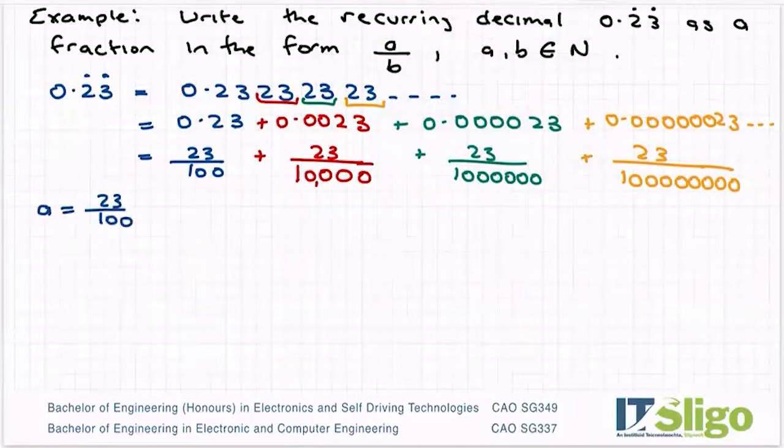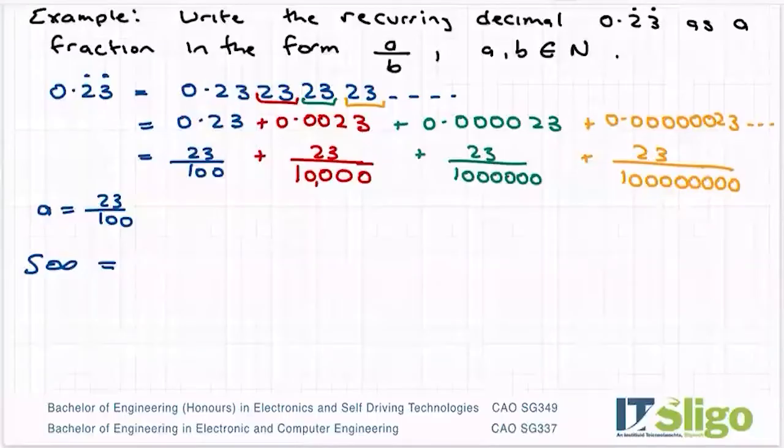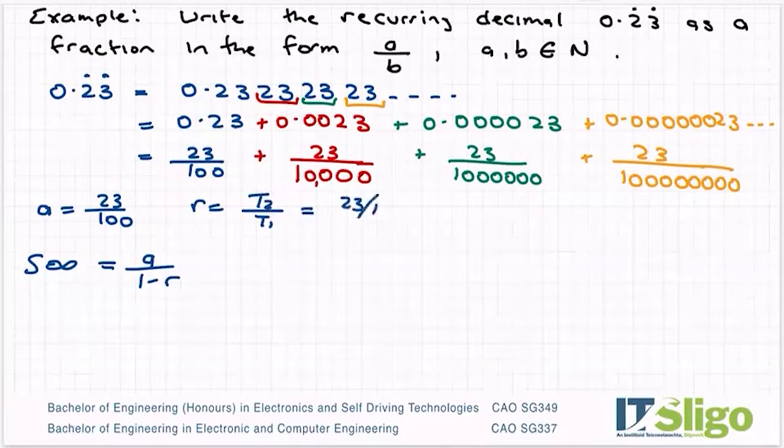Remember I have to write them as the sum of an infinite geometric sequence. So I'm using this formula here: S to infinity is equal to a over 1 minus r. My first term, a, is 23 over 100. My r is T2 over T1, as normal, or T3 over T2, which would be 23 over 10,000 over 23 over 100.